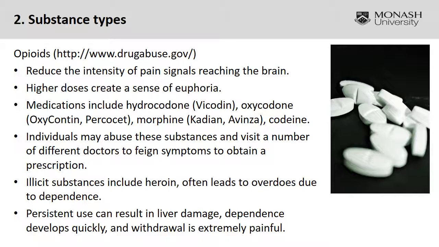The illicit substances, typically including heroin, as I mentioned earlier, heroin is one of those drugs that can quite easily lead to overdose, partly because of the tolerance that builds up over a period of time.